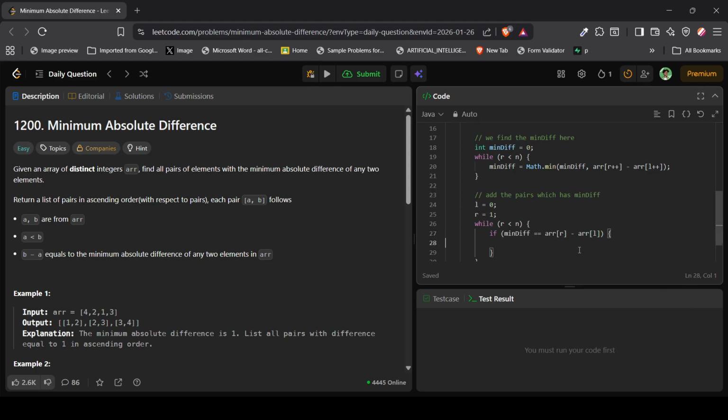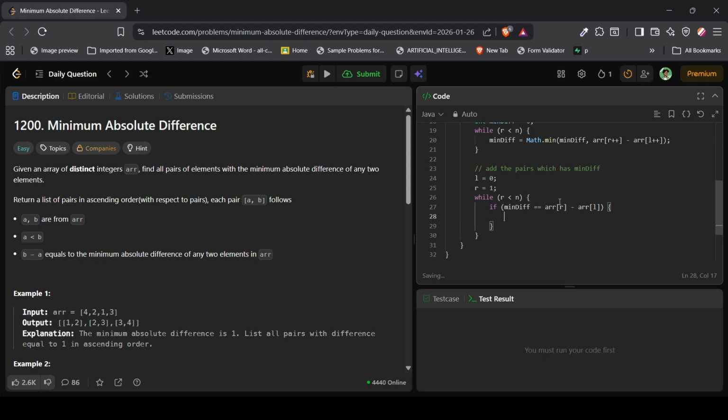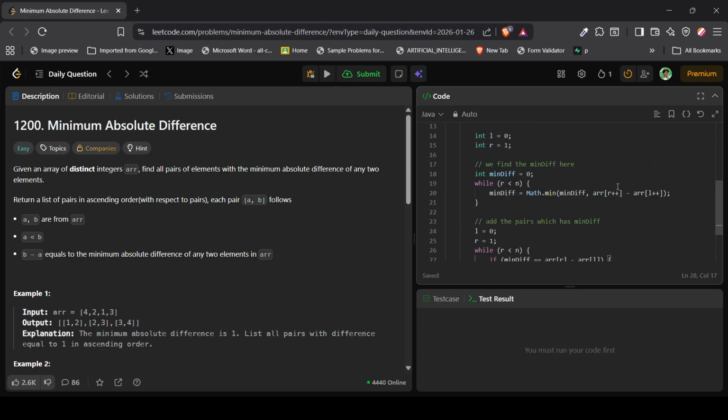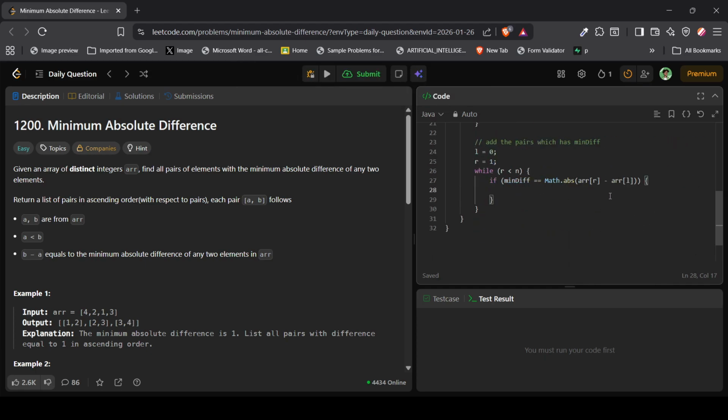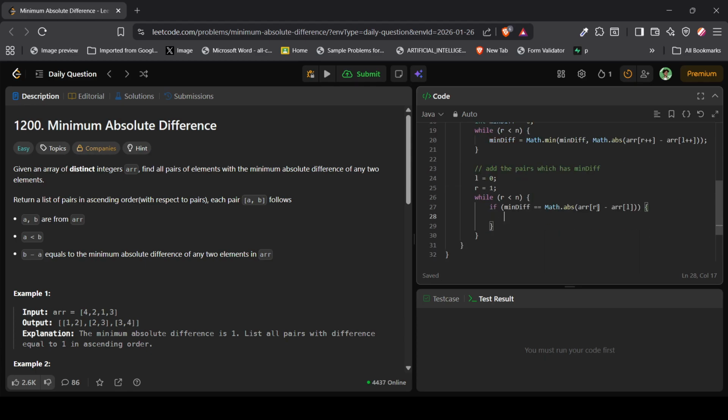If that is the case, okay, we'll also have to take the absolute of it. So it will be like math.abs. Yeah, yeah, I think that is right. And if we do it again, yeah, if the min difference equals to that, then we'll add it to the result dot add new array list.